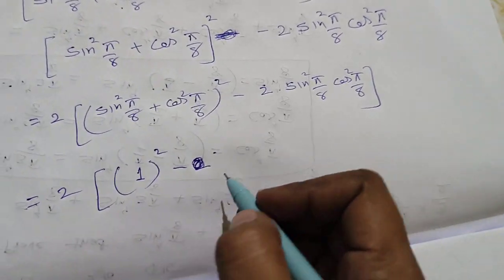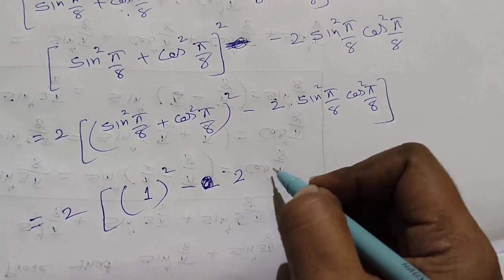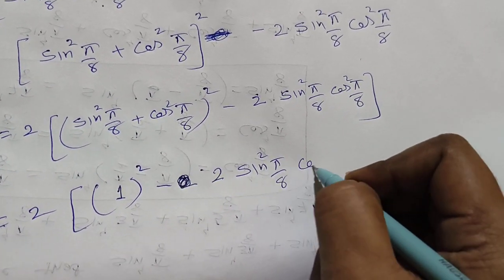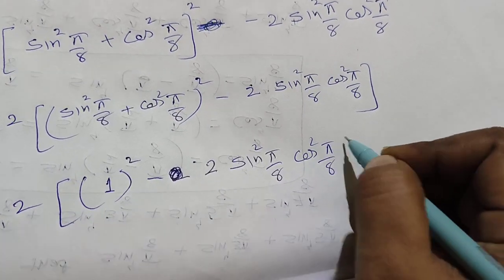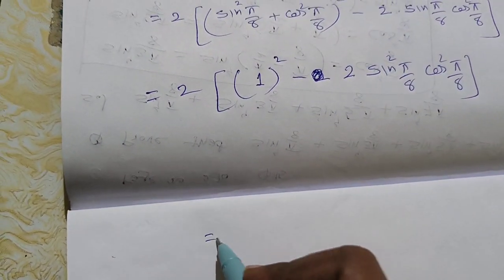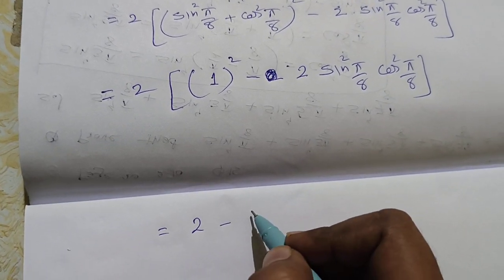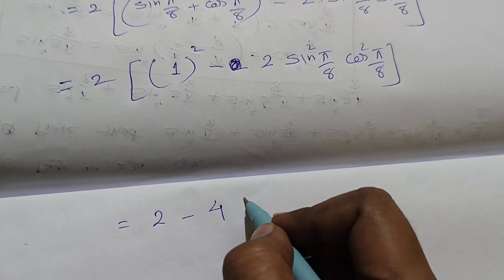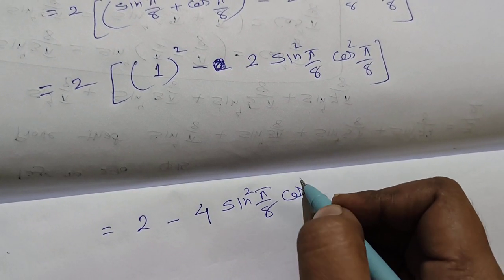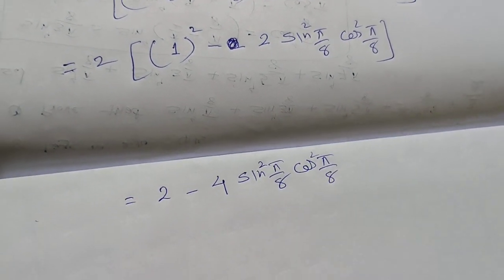First we will keep this term as it is, 2 sine square pi by 8 cos square pi by 8. When we open the bracket, we get 2 ones are 2 minus 2 twos are 4 sine square pi by 8 cos square pi by 8.